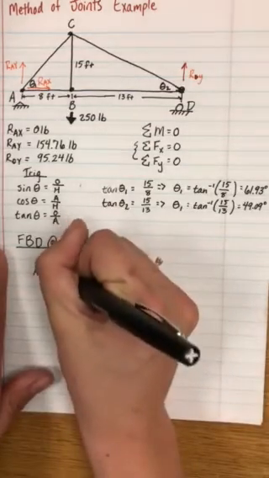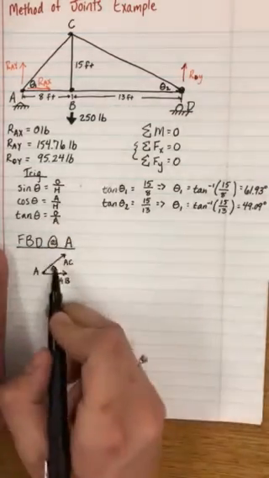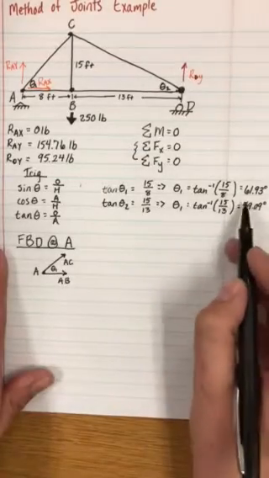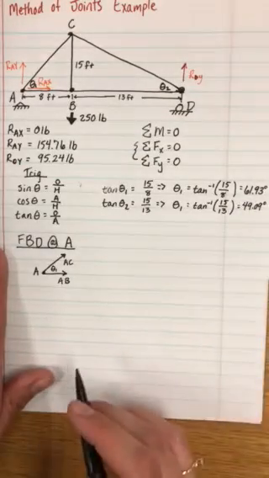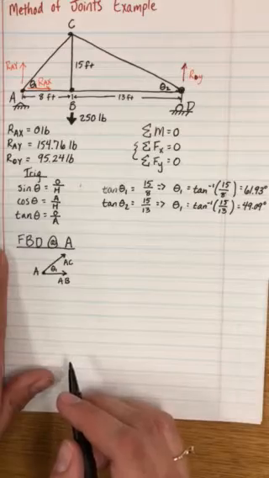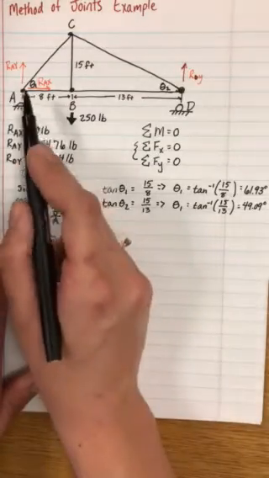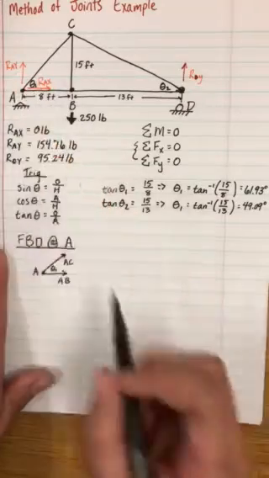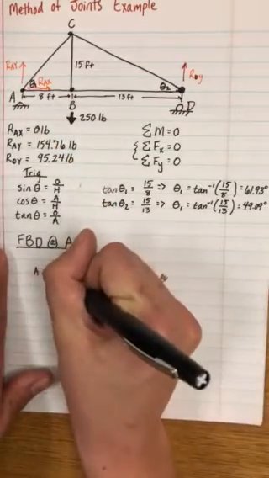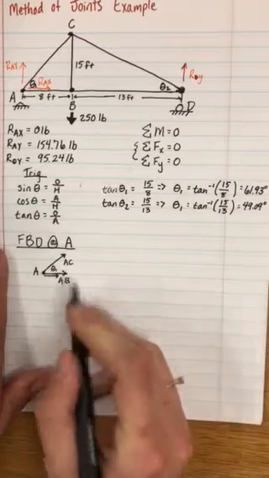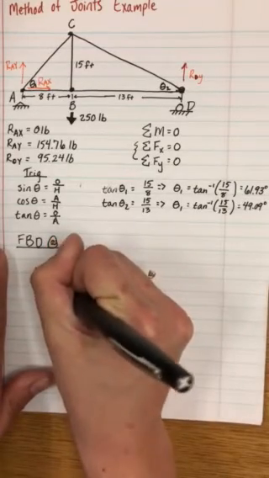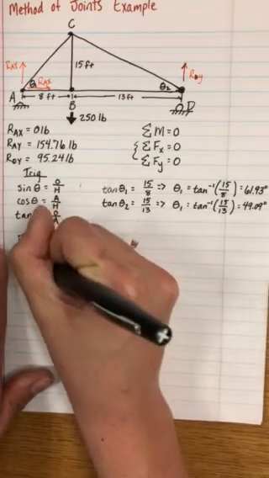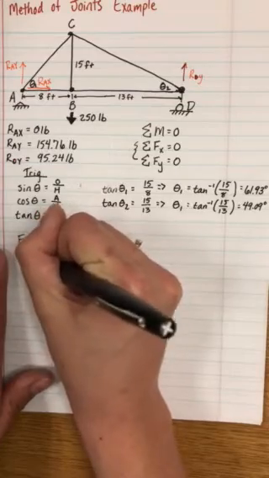Going from here, I have theta 1, so I'll label that theta 1 just so that I know that this is going to be the value of 61.93 degrees. And in addition to that, I have these other forces that we diagrammed back in the previous example during class. So we have, in the same direction as AB, the reaction force of A in the x direction and the reaction force of A in the y direction.